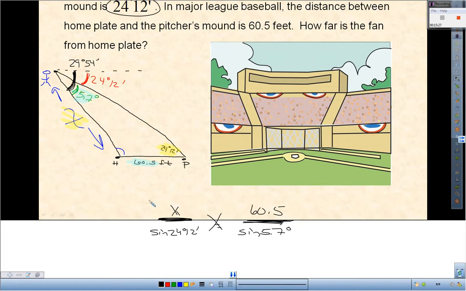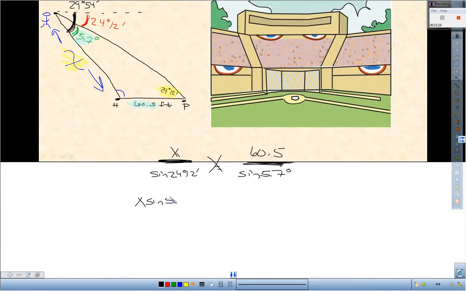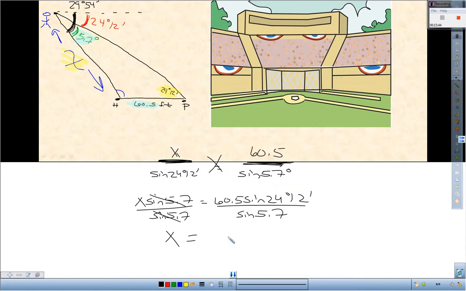Cross multiply, so x sine of 5.7 degrees equals 60.5 sine of 24 degrees 12 minutes. I'm going to divide by sine of 5.7, and that gives me my final answer: the distance is approximately 249.7 feet away. All right, that's it for today's lesson.